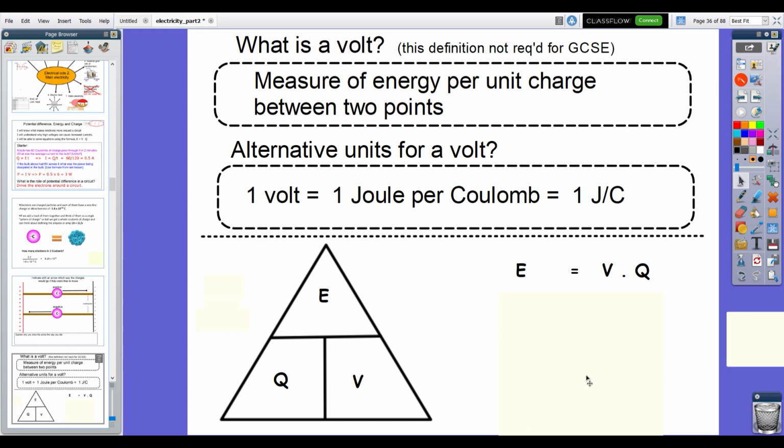E equals VQ. Cover up V, and we end up with V equals E over Q. If we cover up Q, we'll end up with Q equals E over V. There's the 3 formulas.